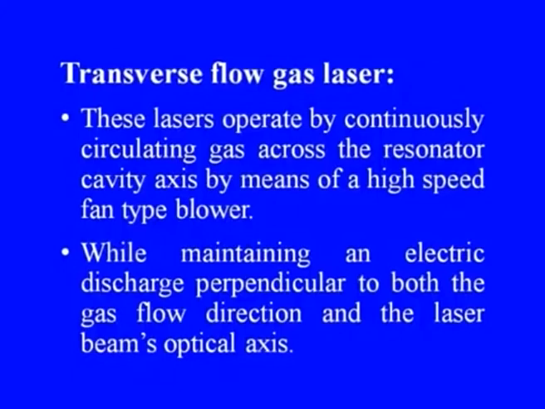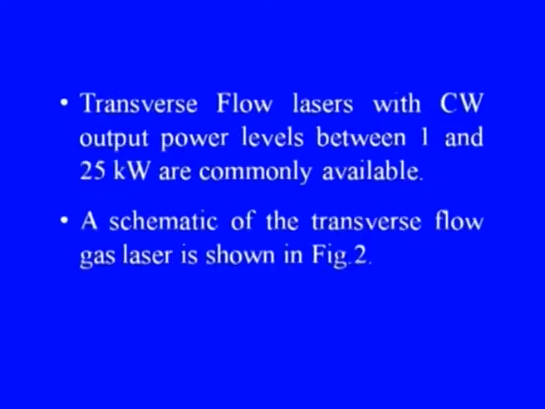Then come the transverse flow gas lasers. These lasers operate by continuously circulating gas across the resonator cavity by means of a high speed fan type blower, while maintaining an electric discharge perpendicular to both the gas flow direction and the laser beam's optical axis.